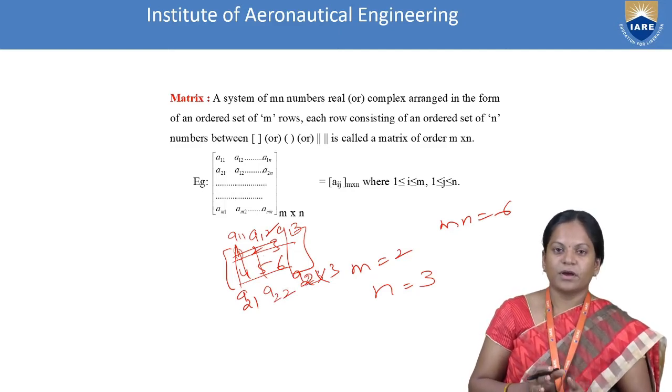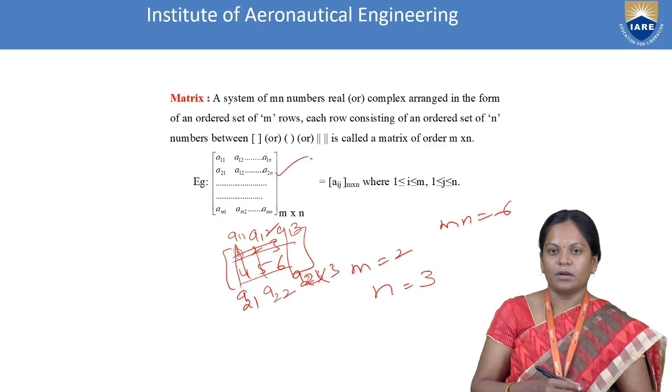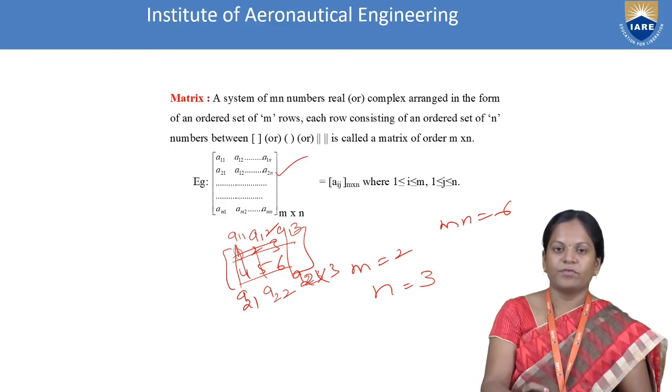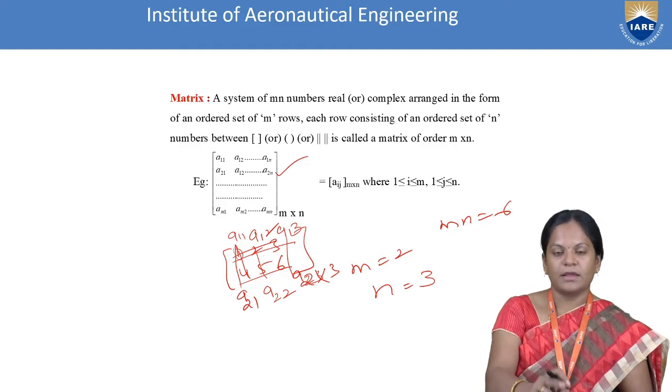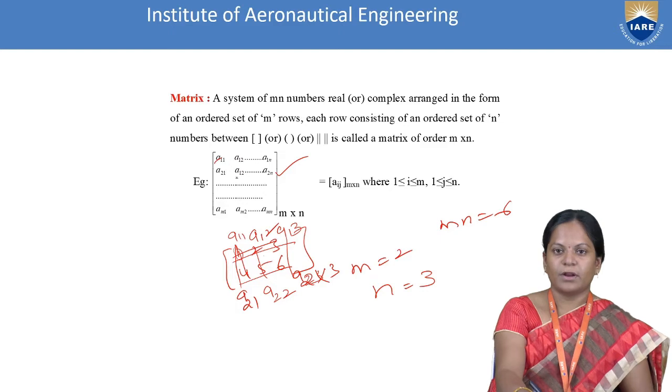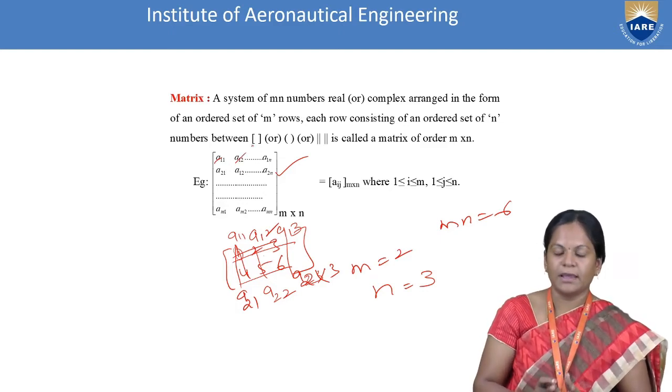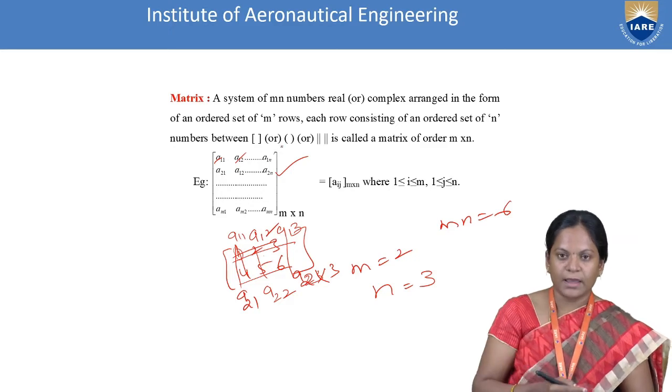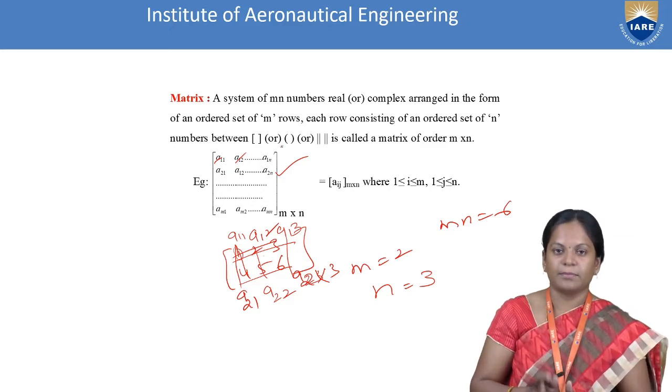So like this we have to take the general order of the elements: A11, A12 and so on, up to A1n. Here I am taking m rows and n columns. So we have m rows and each row has n numbers. A12 is the first row, second element. The last element is A1n, the first row, nth element.